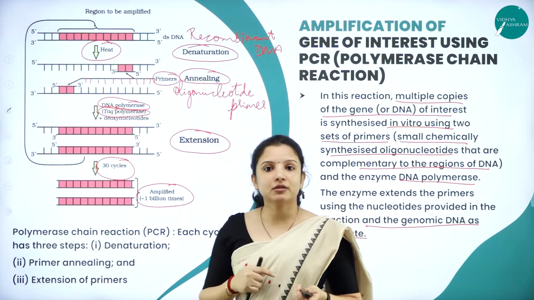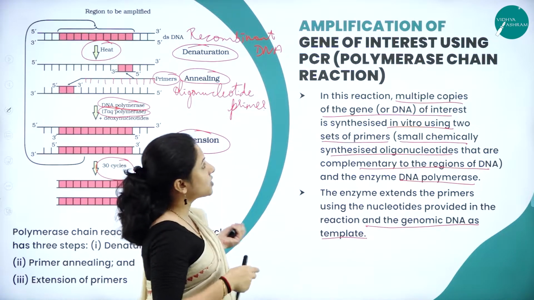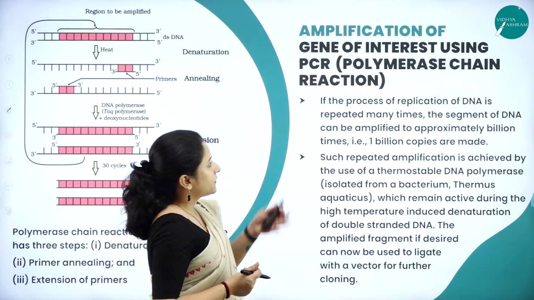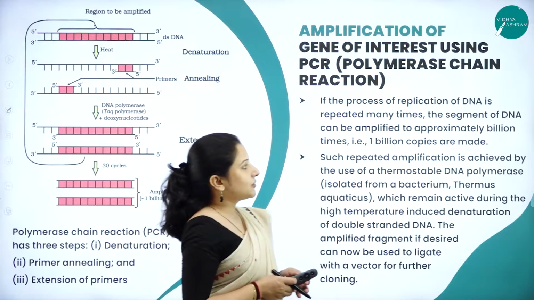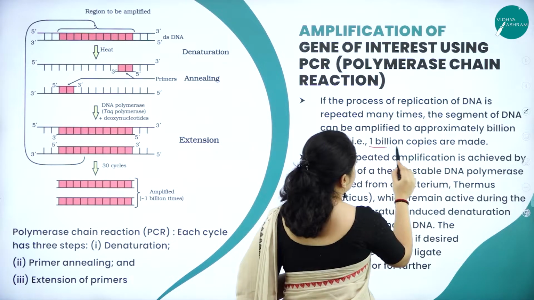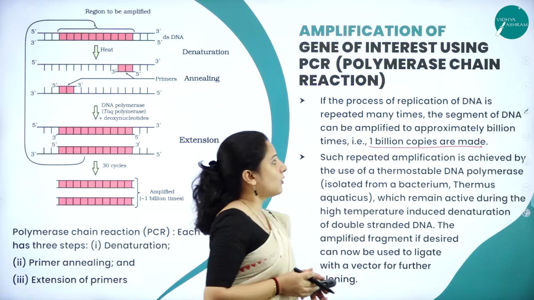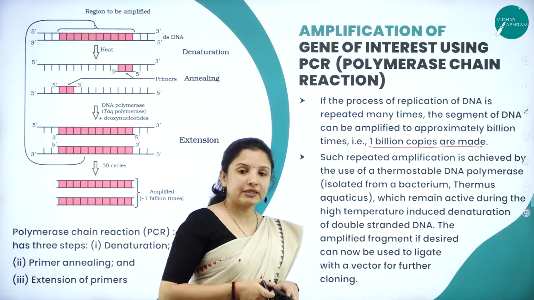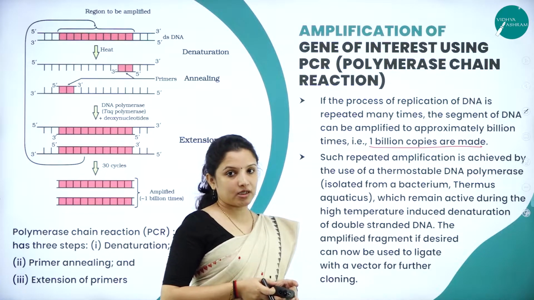So this is how, in recombinant DNA technology, amplification of the gene of our interest is done. If the process of replication of DNA is repeated many times, the segment of DNA can be amplified to approximately 1 billion copies. So 30 cycles means you're amplifying the DNA 1 billion times.